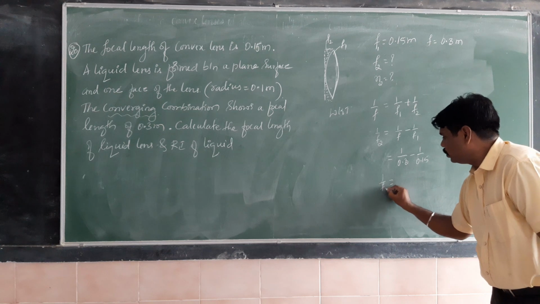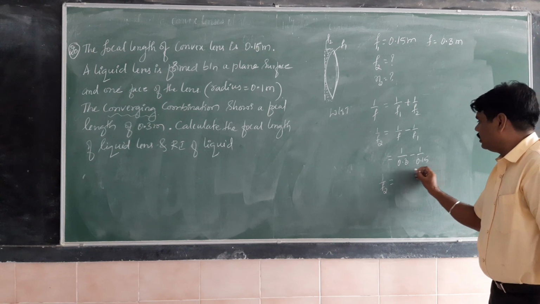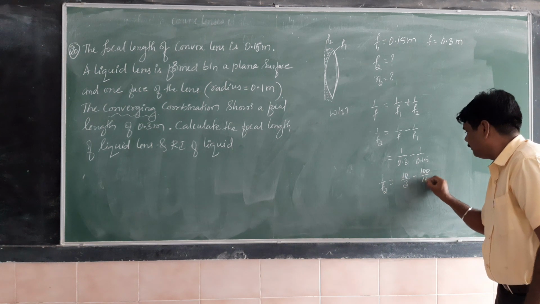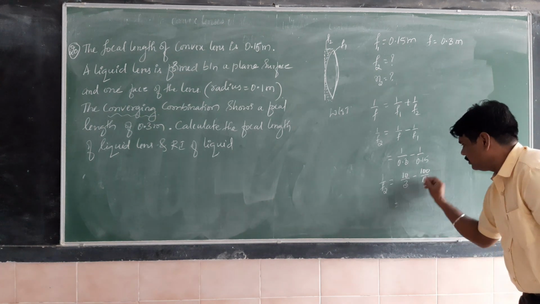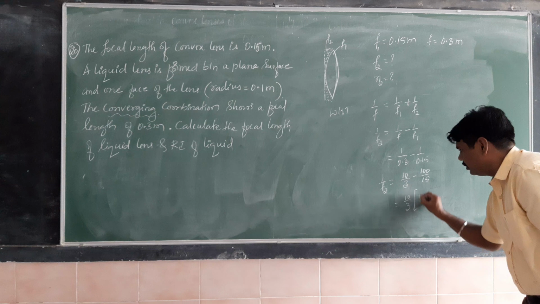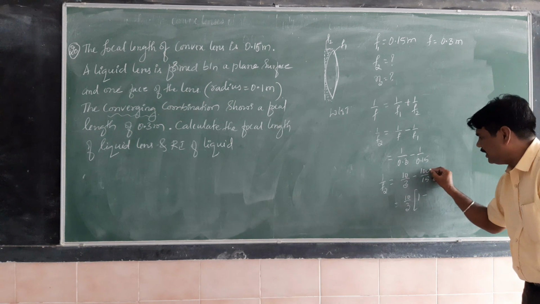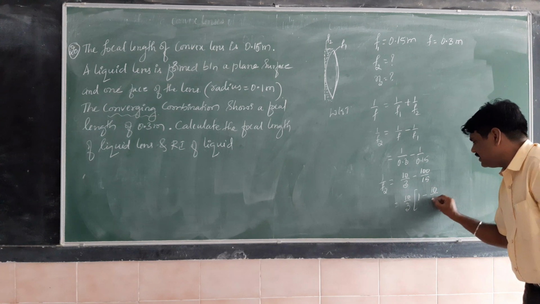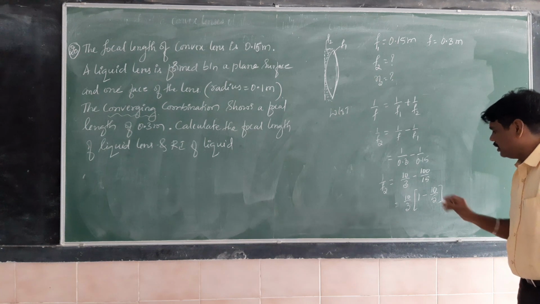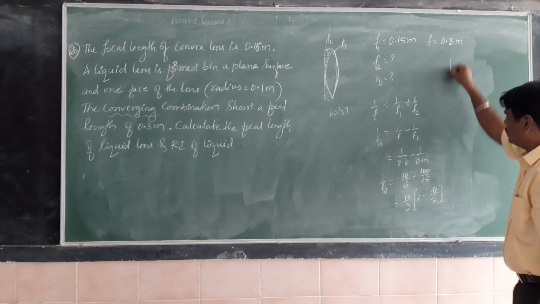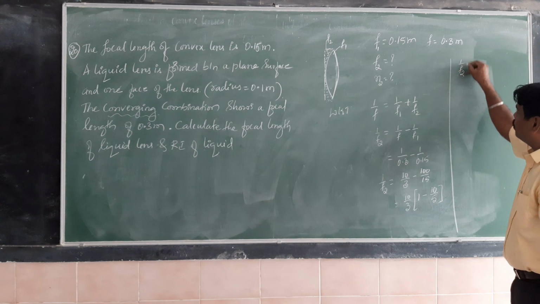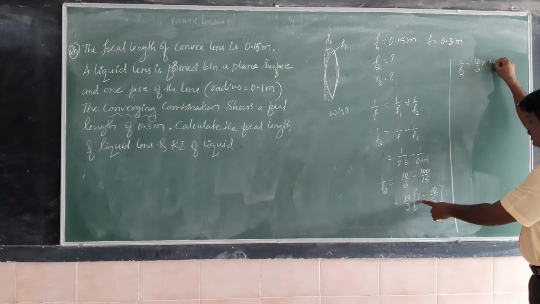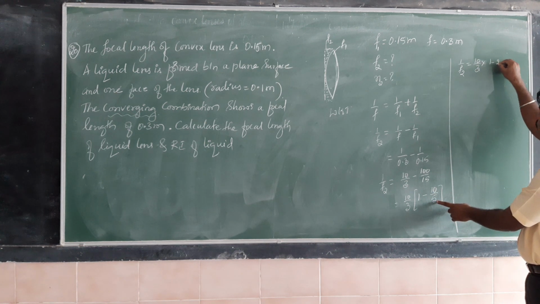If we simplify this, 1 by f2 is equal to 10 divided by 3 minus 100 divided by 15. Taking 10 by 3 as common, the remaining term is 1 minus 10 by 5, and 10 by 5 is 2. So 1 by f2 is equal to 10 by 3 into (1 minus 2), which means minus 1.